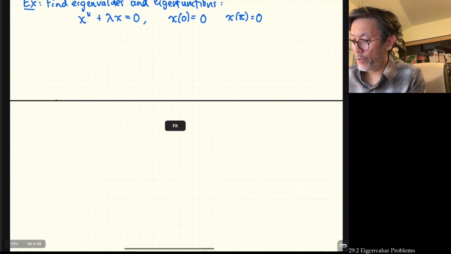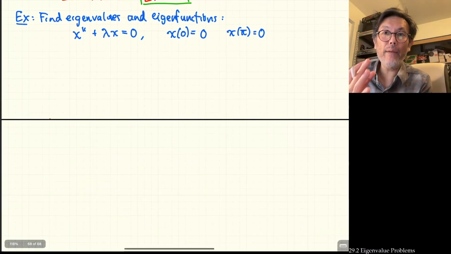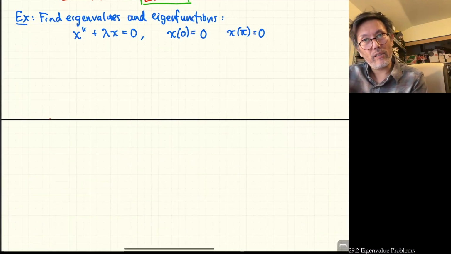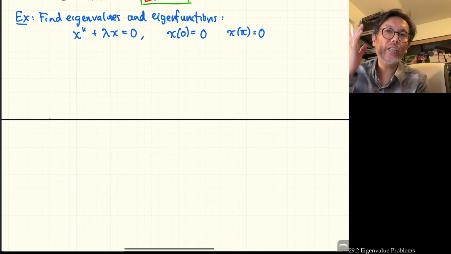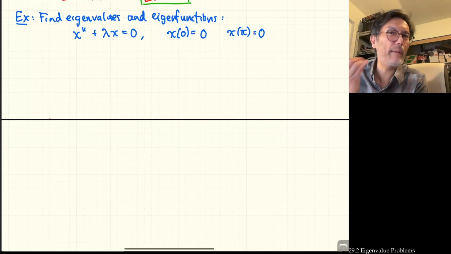So remember, the game here is to find lambdas. We're trying to find lambdas which give rise to this boundary value problem having a non-zero solution. The hunt is for lambdas, okay?